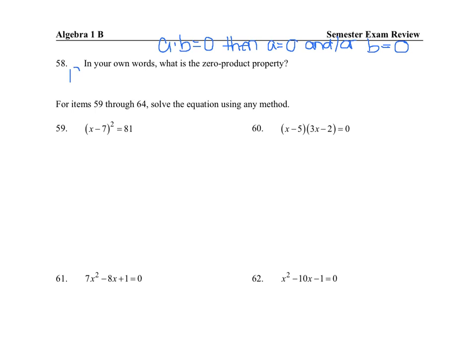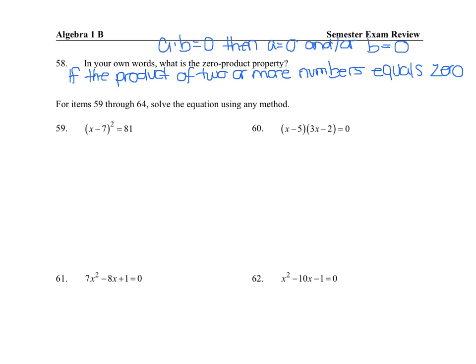So in my own words, I'm going to say if the product of two or more numbers equals 0, then at least one of the numbers must equal 0.